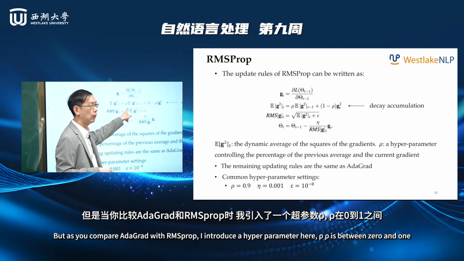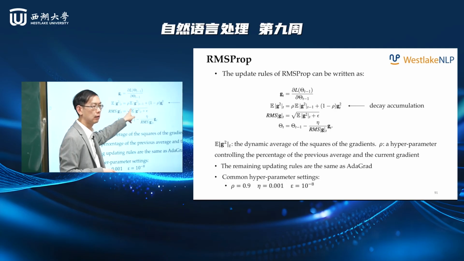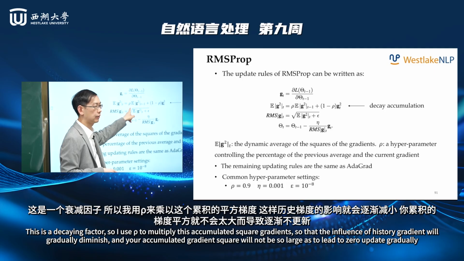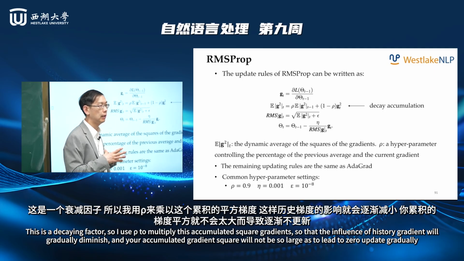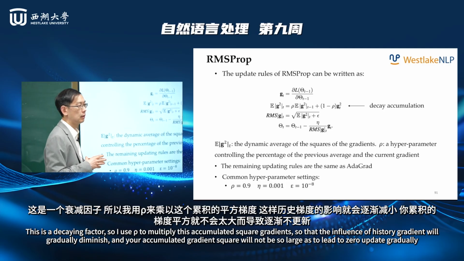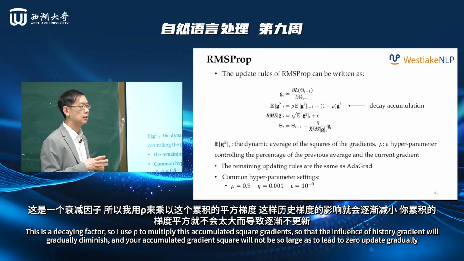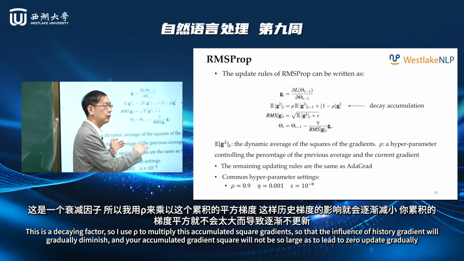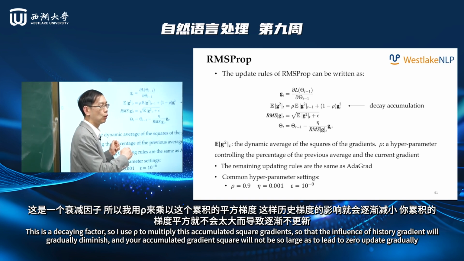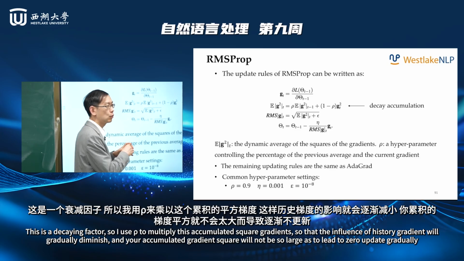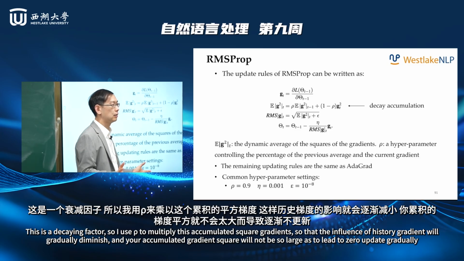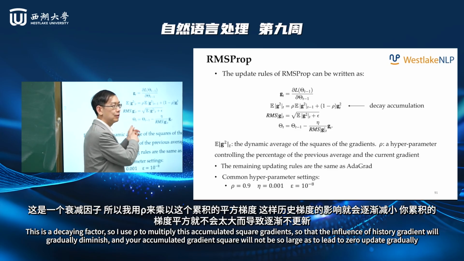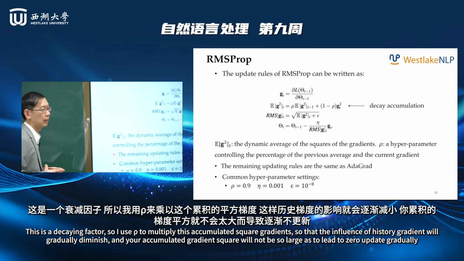Rho is between 0 and 1. This is a decaying factor, right? So I use rho to multiply these accumulated squared gradients so that the influence of historical gradients will gradually diminish, and your accumulated squared gradient will not become so large as to lead to a zero update.